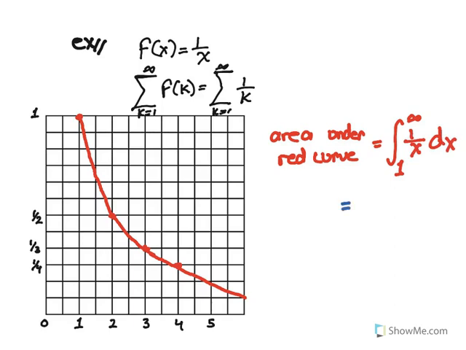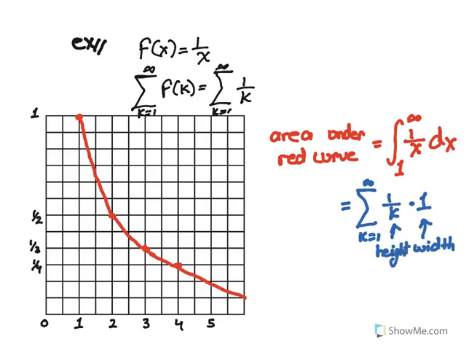Now the series 1 over k from k equals 1 to infinity, I can think of this as 1 over k times 1, because if I multiply 1 by something, it doesn't change the value. And the way I interpret this as an area is I think of it as the sum of the areas of rectangles, like a Riemann sum, where the 1 is the width and the 1 over k is the height.